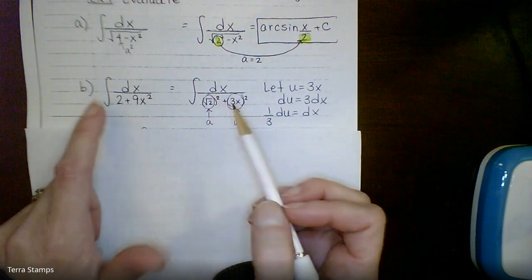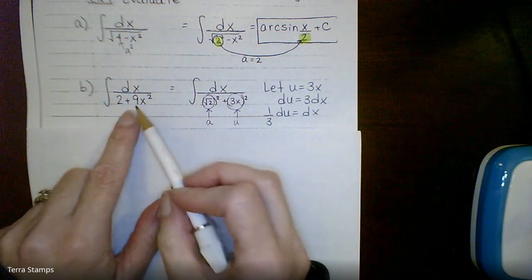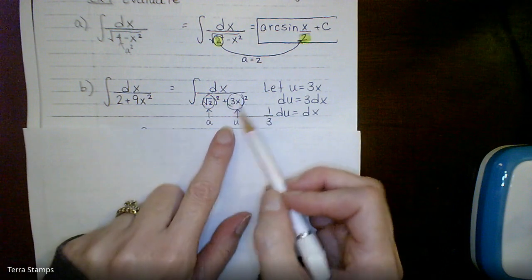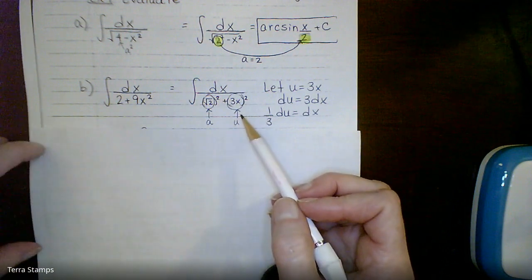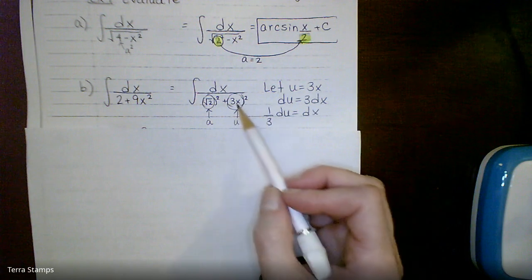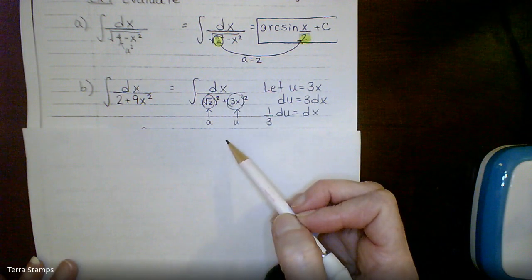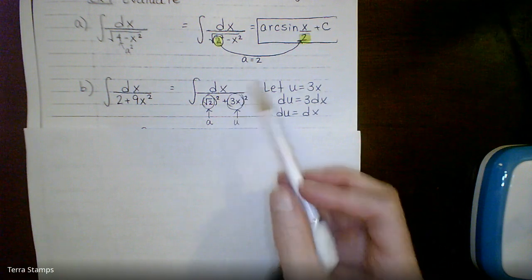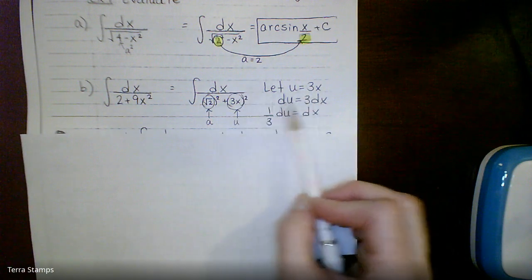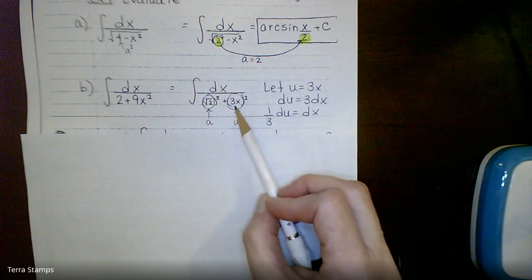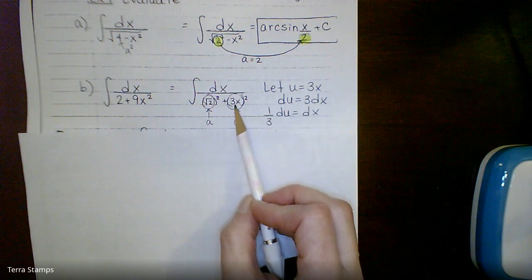The square root of 2 squared is just 2. And then 9x squared, if I rewrote that as u squared, where u is some function of x, is the quantity 3x squared. To do this, I am going to have to do some substitution because my formula is a squared plus u squared.